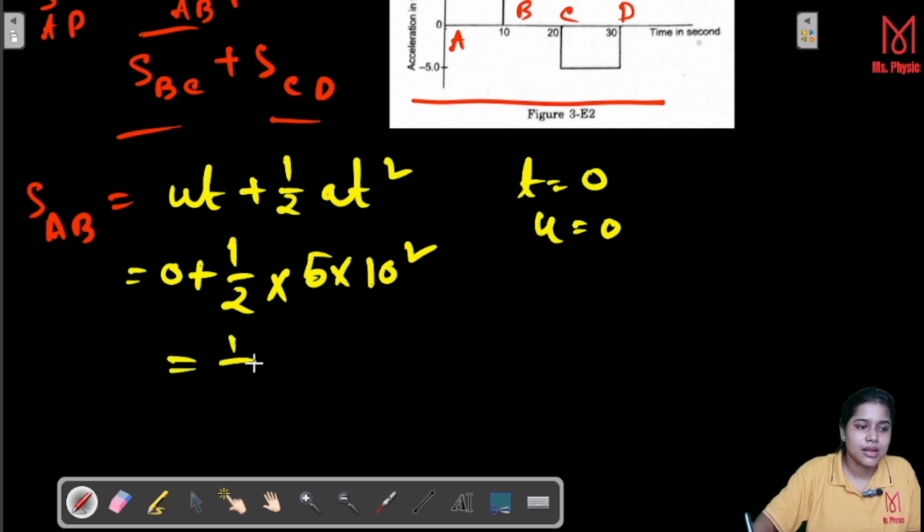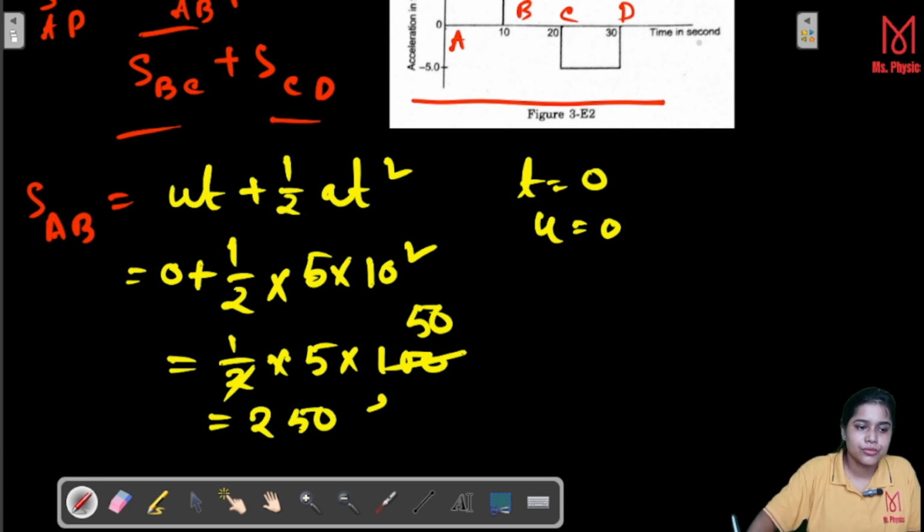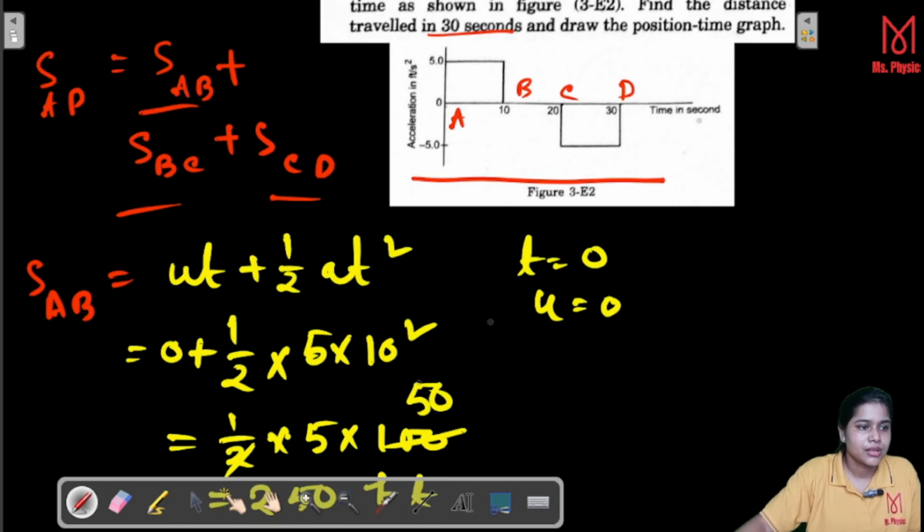That means half multiplied with 5 with 100, so 50 gives you 250 feet. This is the first value. SAB we have calculated. Next we have SBC.